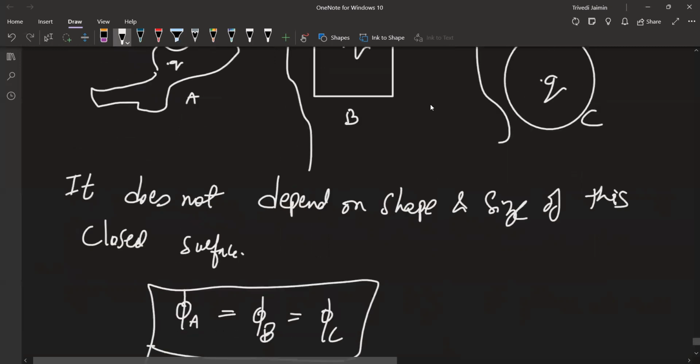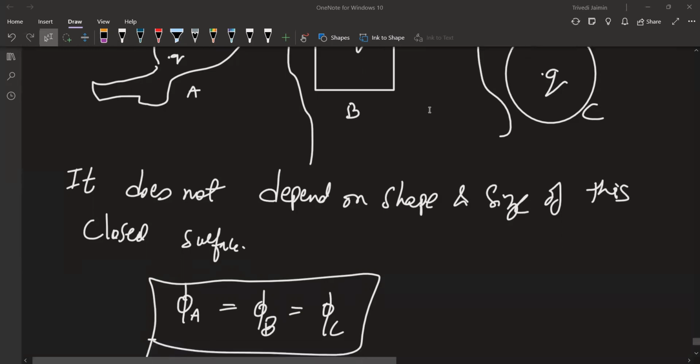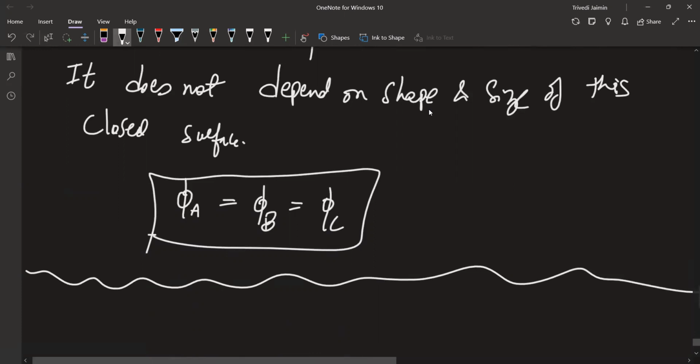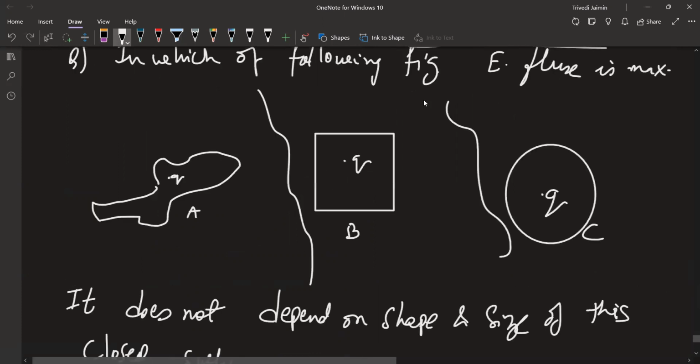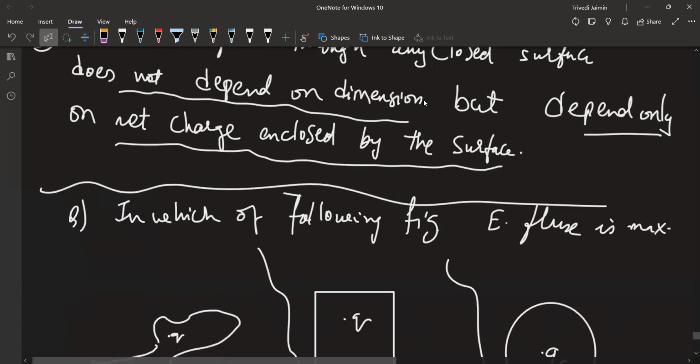Clear? Divya, Varsha? Yes, sir. Okay. So it does not depend on shape or size. But if we have Q here and 2Q here and 3Q here, then we can say C is the maximum. It depends upon the total net charge.